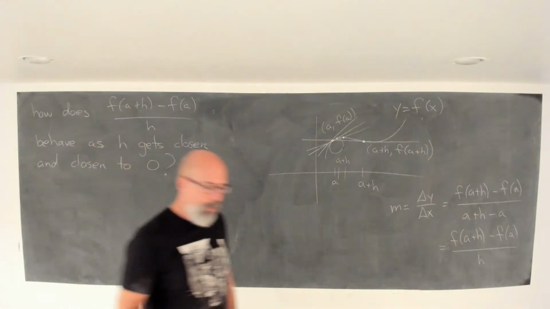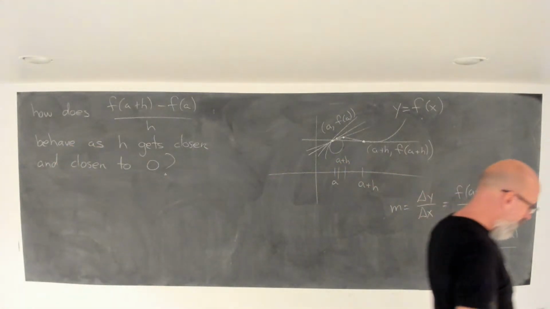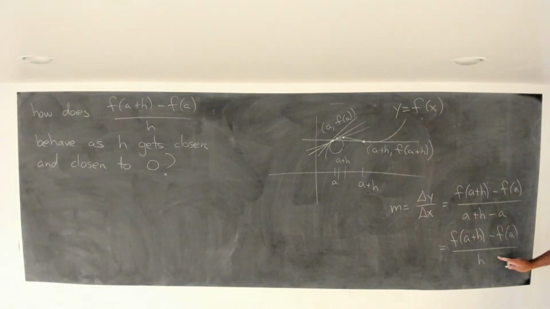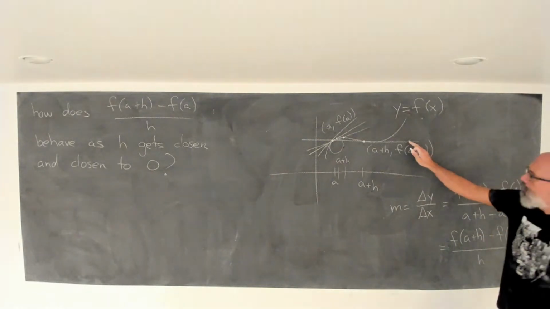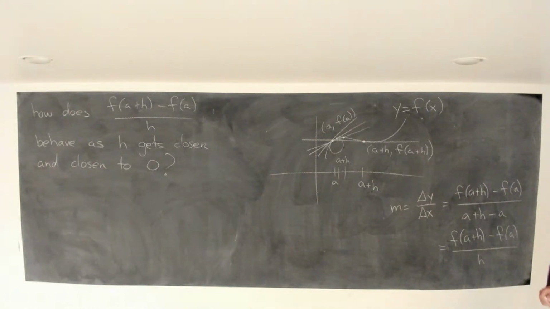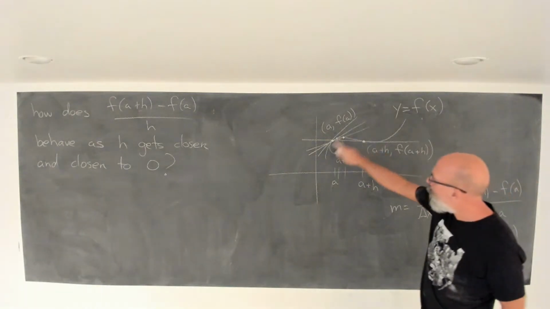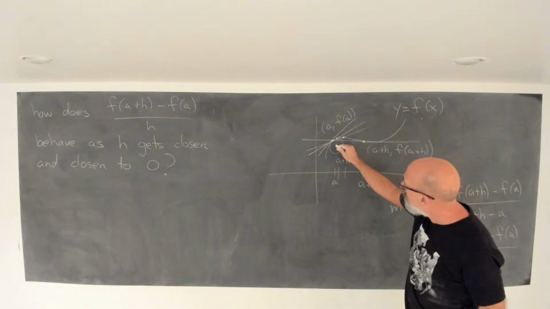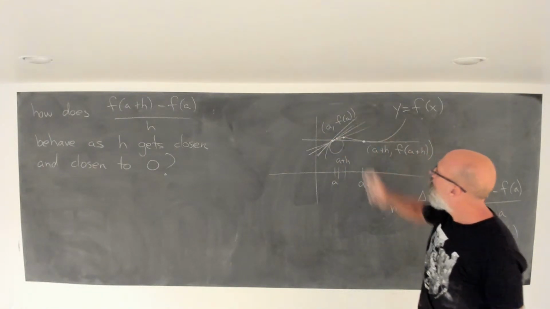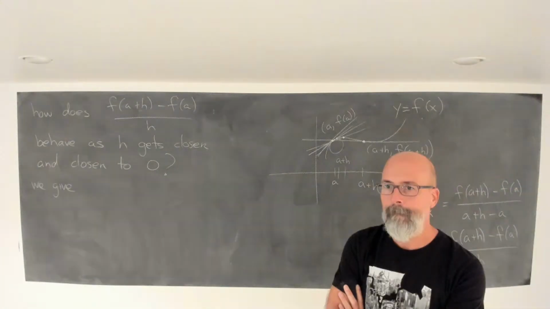That's the question we want to address. What is happening to this slope of this approximation as h gets closer and closer to 0? Because you see what's happening. As h gets closer and closer to 0, we get a better and better approximation to the tangent.